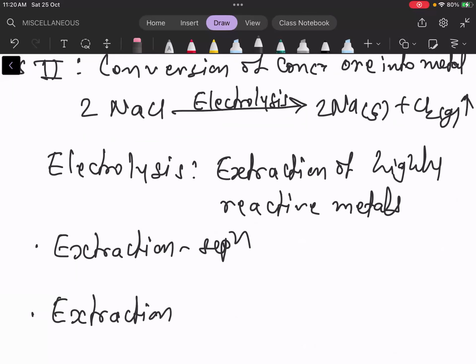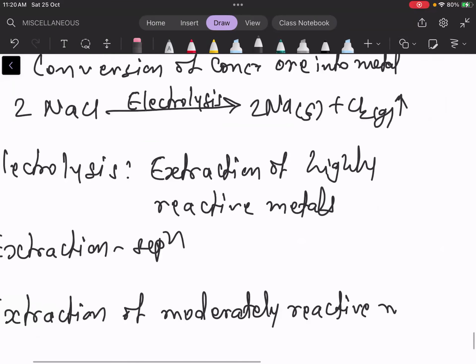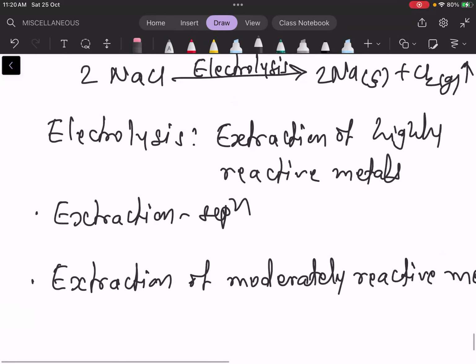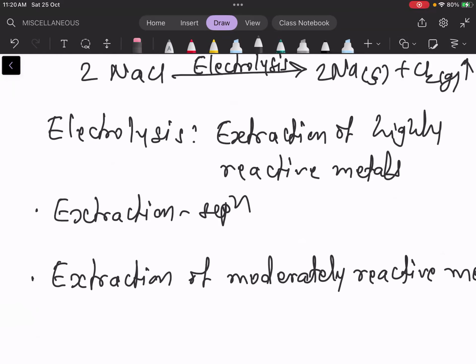The next, extraction of moderately reactive metals. Moderately reactive means they have medium reactivity.